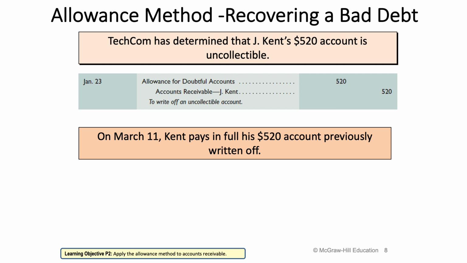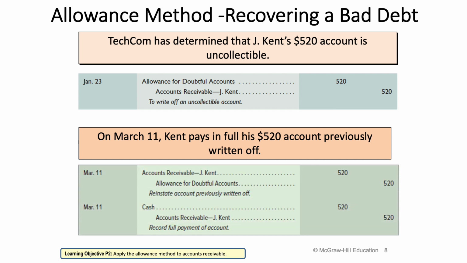So what you're going to do is prepare the entry in two steps. Step 1, you're going to restate his previous write-off. On January 23, if you can see up there, we debited allowances for doubtful accounts and credited accounts receivable. So now you need to put his accounts receivable back.